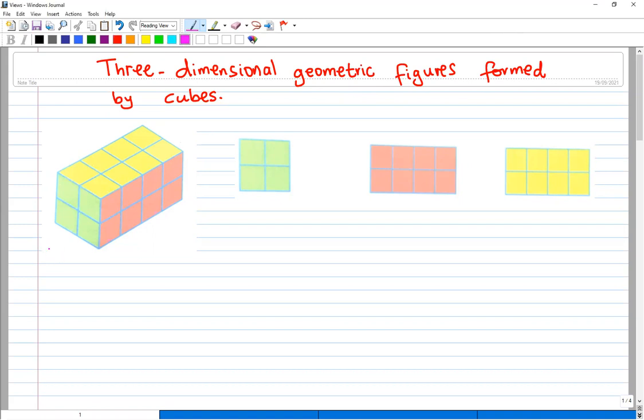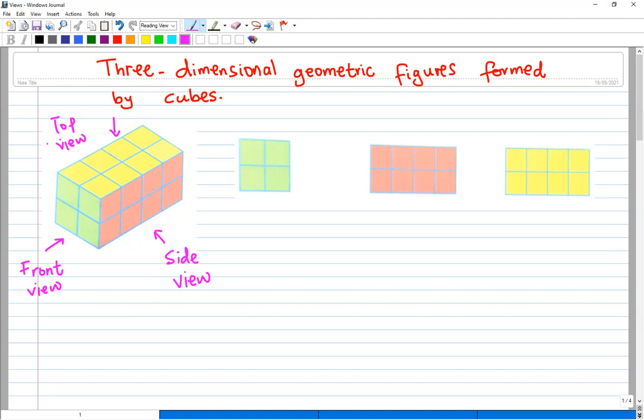this is what we called the front view. Then this one, it is the side view. Okay, and of course, we have this one as the top view.